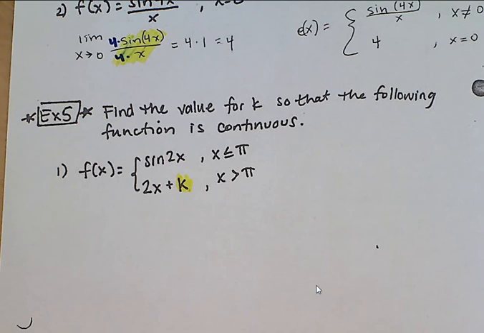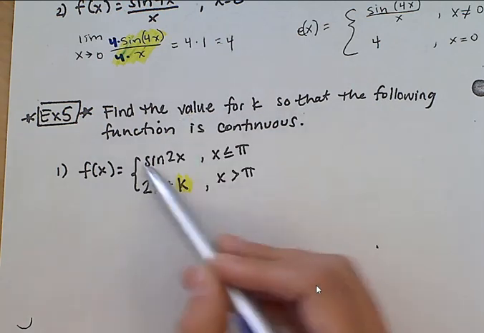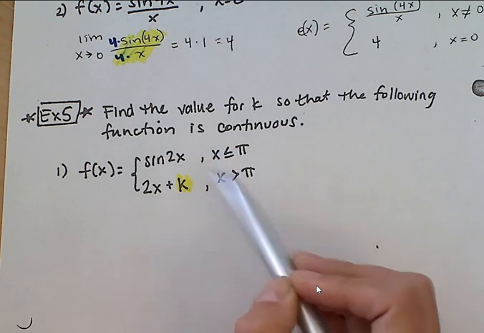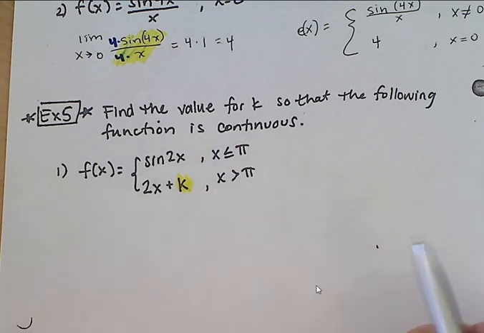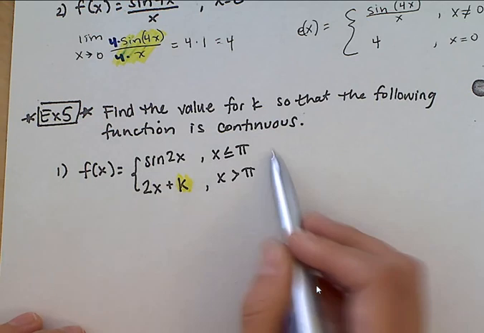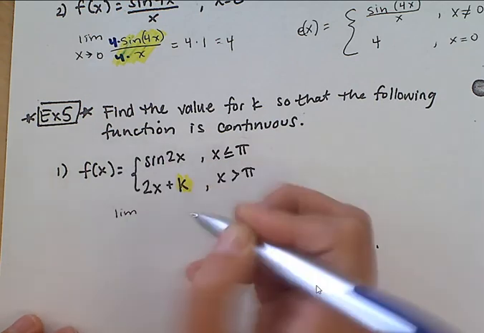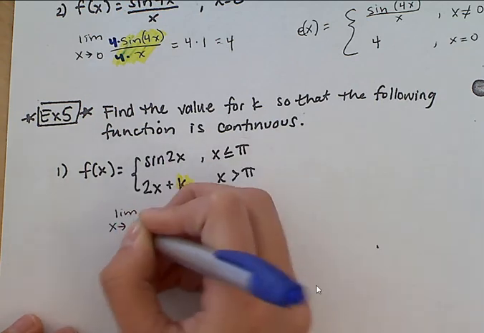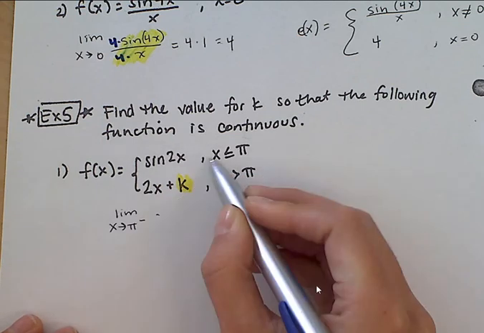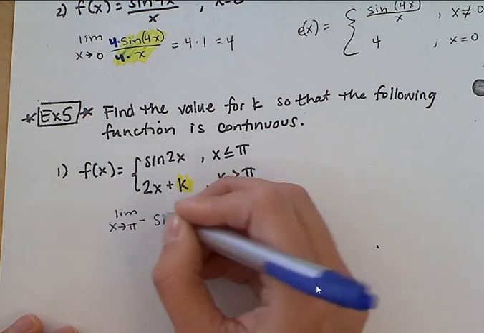So in order to be continuous, we know that the limit from the right and the left have to be equal to each other. So what I'm going to do is figure out the limit from the left so that I can make the limit from the right equal to that value. Because I can find the limit from the left. The limit as x approaches pi from the left, we will use this top function, sine of 2x.